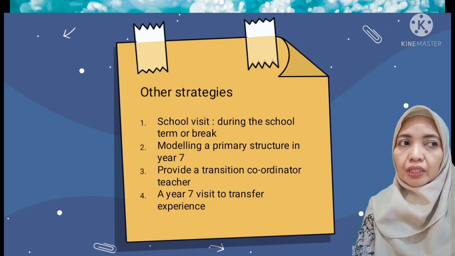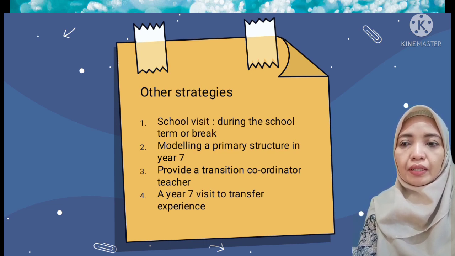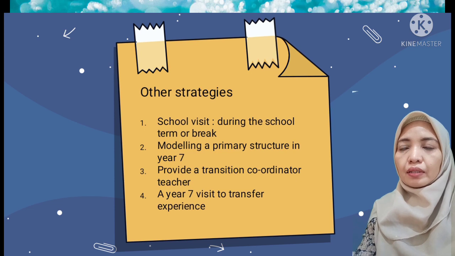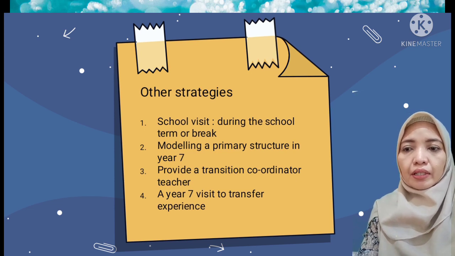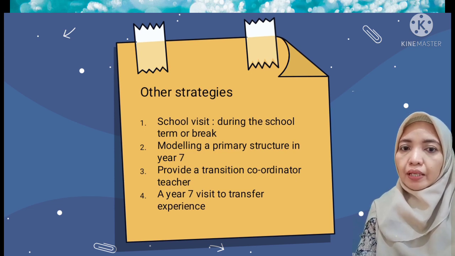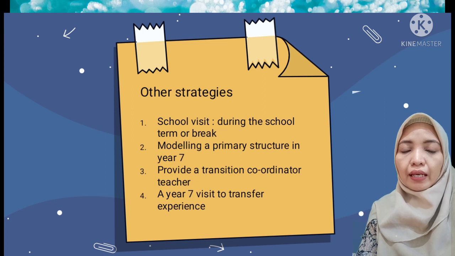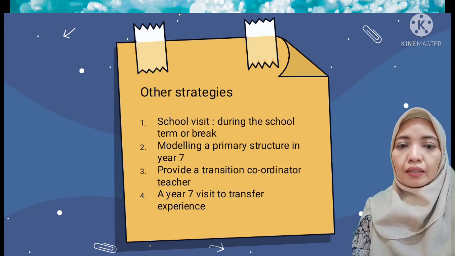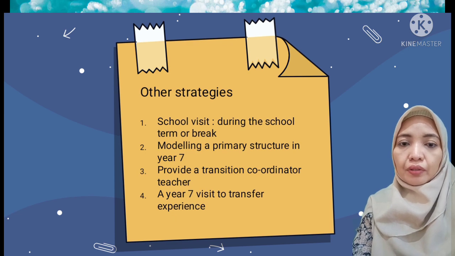And then the last one is the Year 7 visit to transfer experience. So Year 7 students go to the Year 6 students and transfer their experience, so the Year 6 students in KS2 already know the situation in KS3.